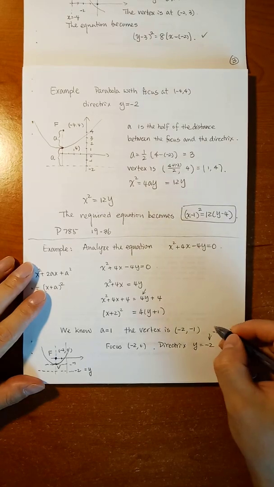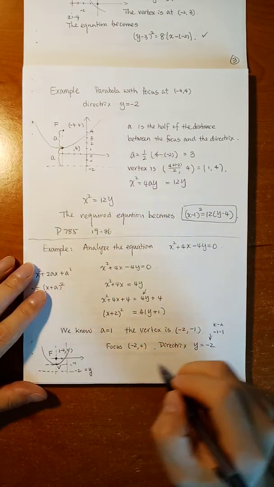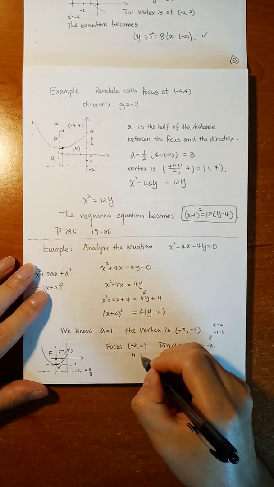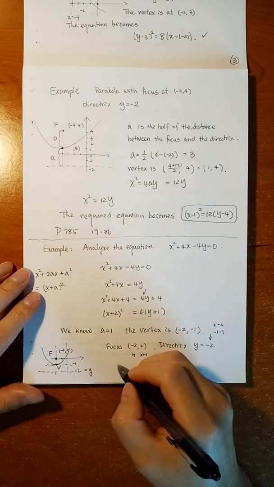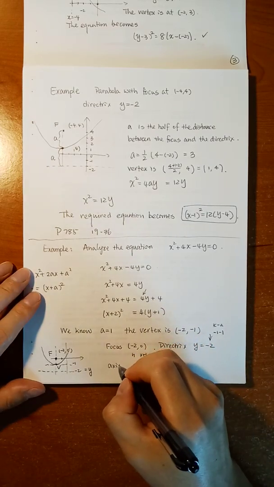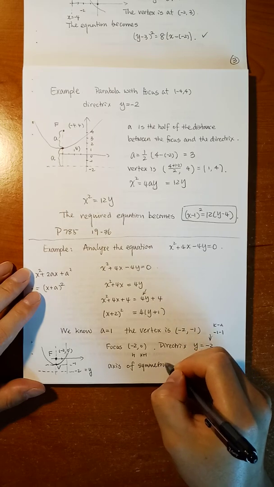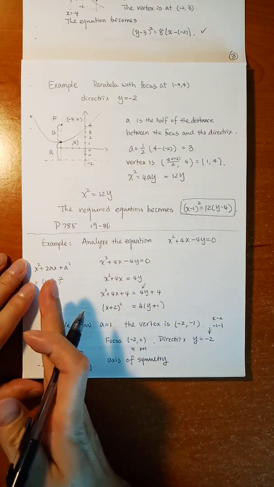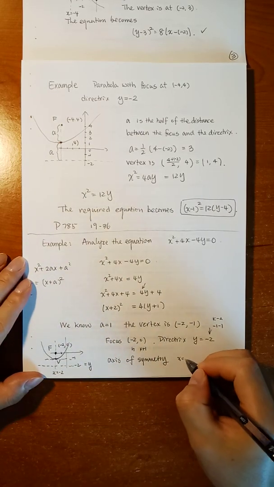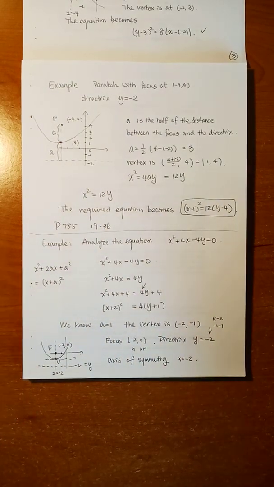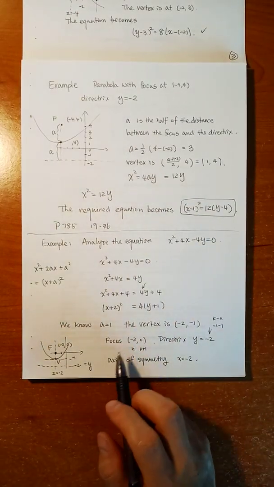It's k minus a. This is h, k plus a. And the axis of symmetry is this line, x equal to -2. And that's it.